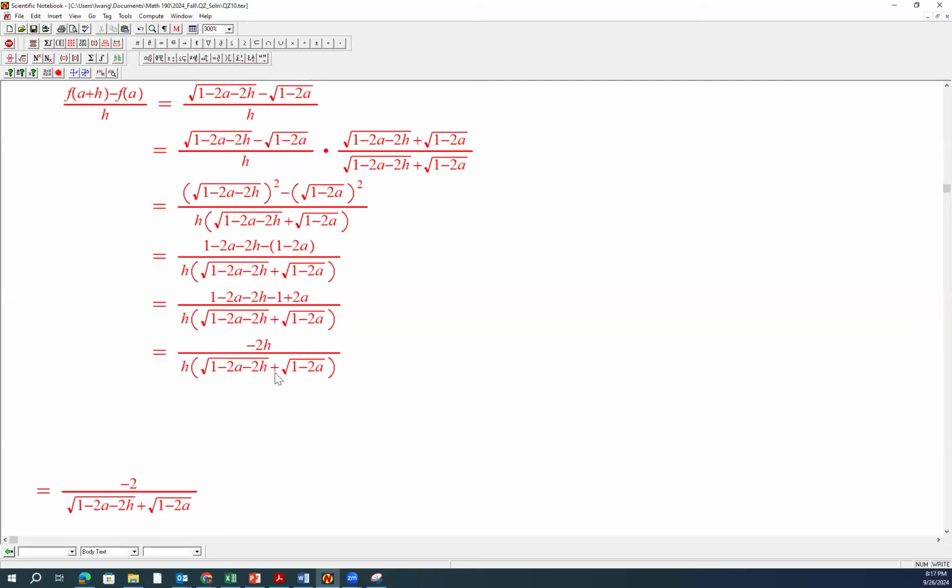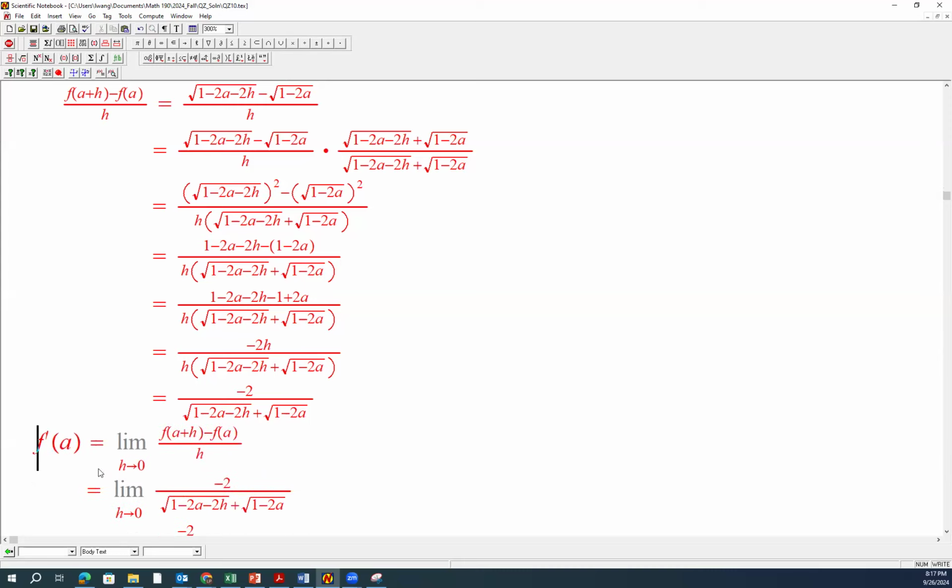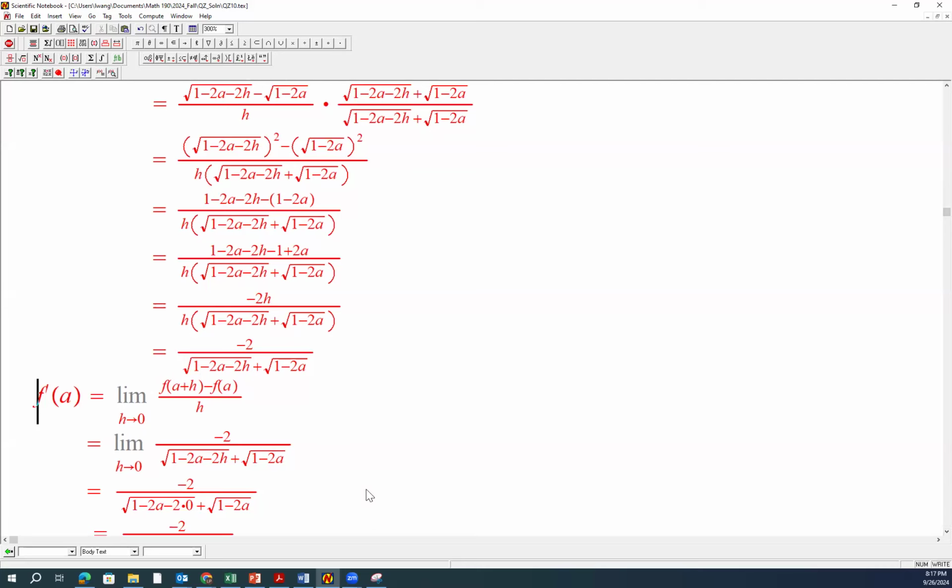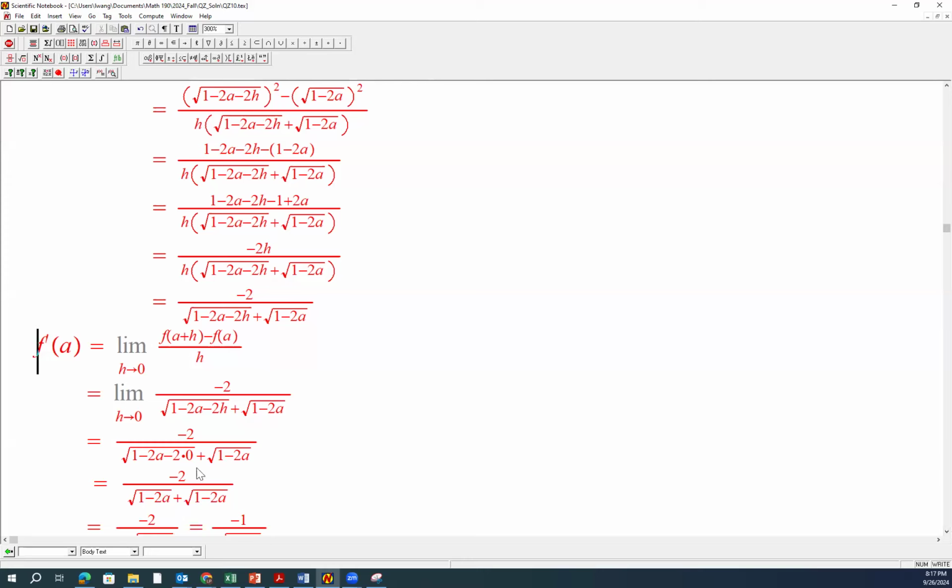And h reduced, so we're going to have -2 over the whole of the denominator. By this time, we can take the limit. When we are taking the limit, we can do direct substitution because this will no longer cause a 0 denominator. So it's a direct substitution at this point.